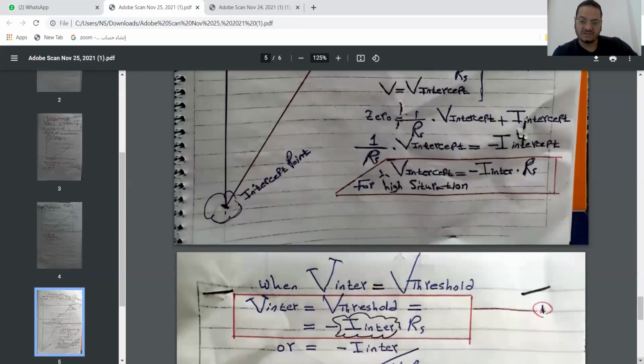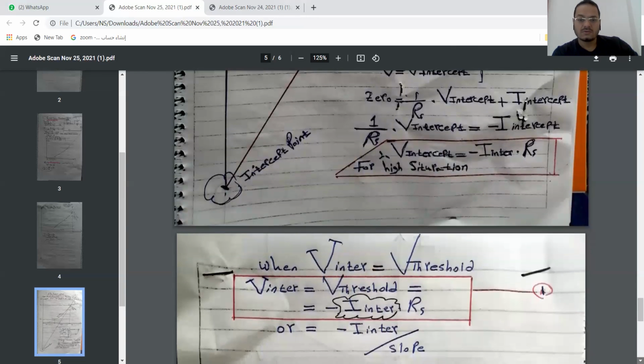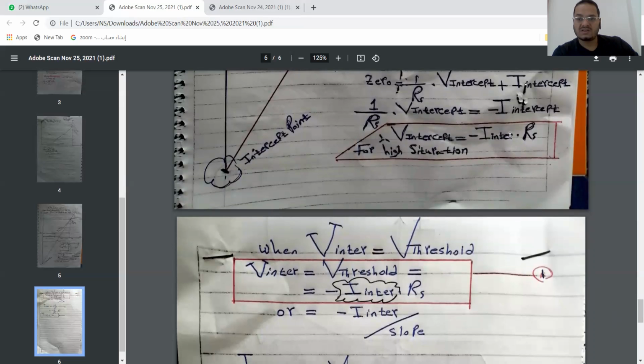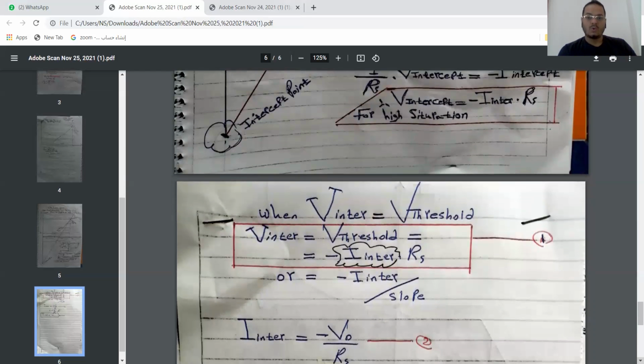for high saturation. Now we must have the I-intercept result to keep going. V-intercept equals V threshold, the same meaning but using a different word; another source uses V threshold. V enter equals V threshold, and V equals minus I intercept times series resistance.